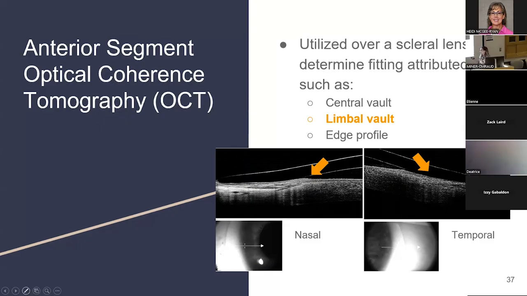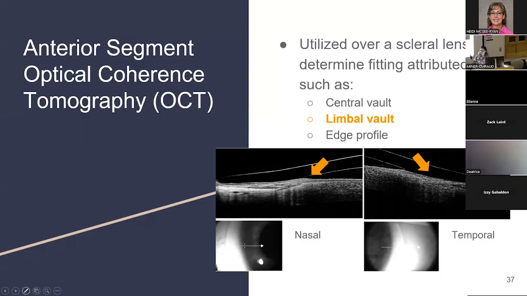Now, if you look here, it's difficult to determine exactly where the limbus is on an anterior segment OCT if you haven't looked at a lot of them. This is going to be your limbus here and here. Okay, now if you look, this is your lens, this is your cornea, and this is the vault. We get to the limbus and there is nothing. And then it's pretty much the same story over here.